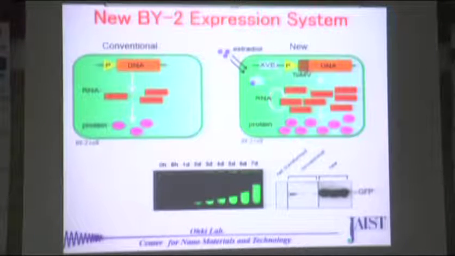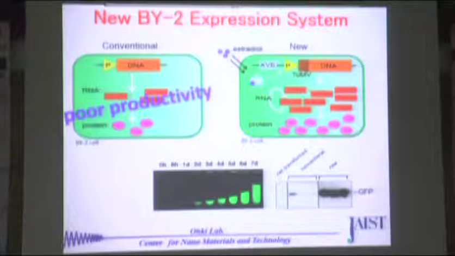Okay, so this is a conventional method using BY2, but it has poor productivity. So we modified this system using an RNA virus. The tomato mosaic virus DNA is tandemly conjugated to your protein's DNA, and the RNA replication system makes your protein's RNA so much, and we get a huge amount of protein.